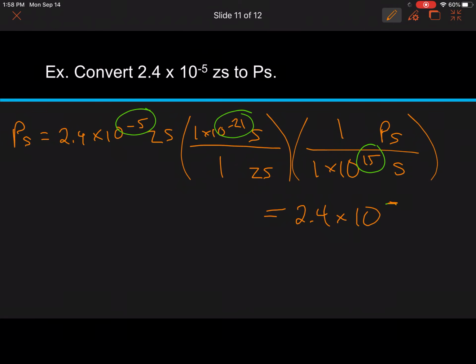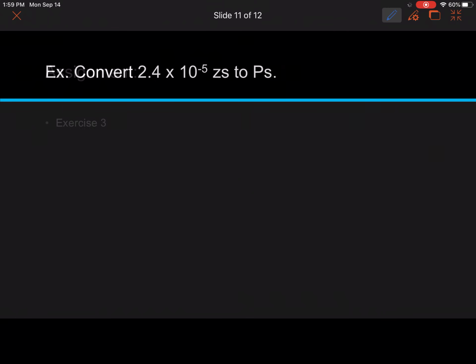So that's going to be negative 41. And then let's check our units. Zeptoseconds, zeptoseconds, seconds, seconds. And I end up in petaseconds. So that's my unit. Okay, so some of these you have to use 2 brackets if you have to go through the base unit. If they're just converting to or from the base unit, then it's just the 1 bracket.